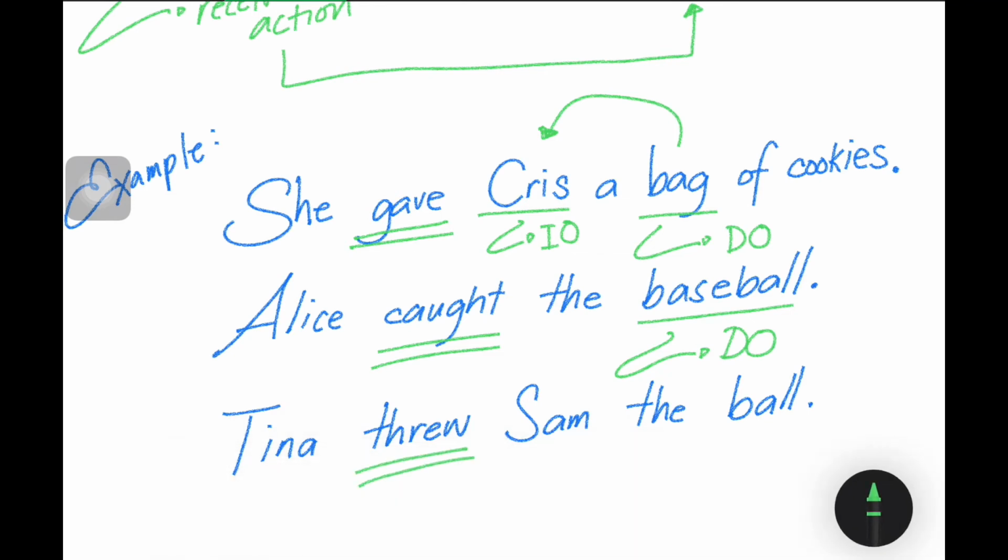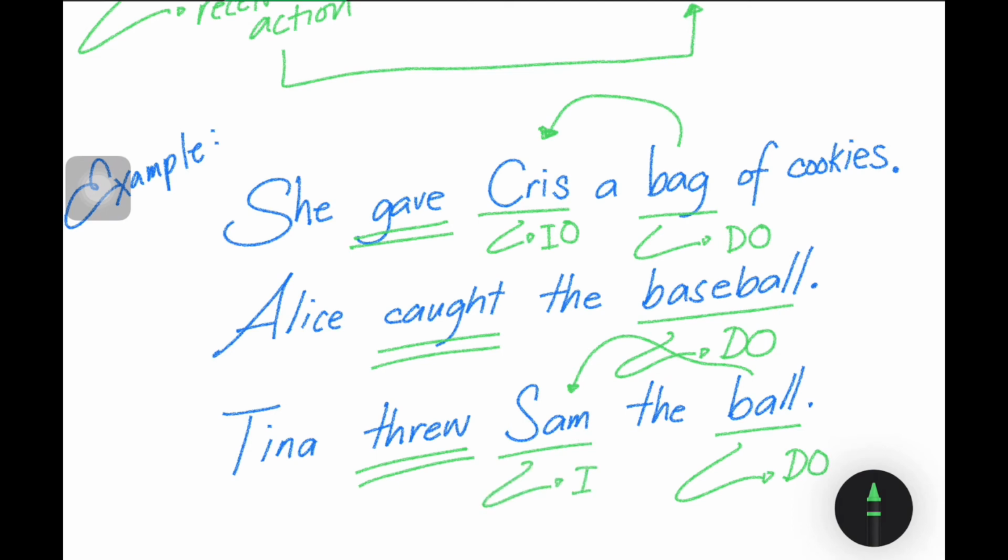So our direct object would be, what did Tina throw? It's the ball. So the ball is the direct object. And if you look at it, we have to ask, to whom did Tina throw the ball? To Sam. So Sam is our indirect object.